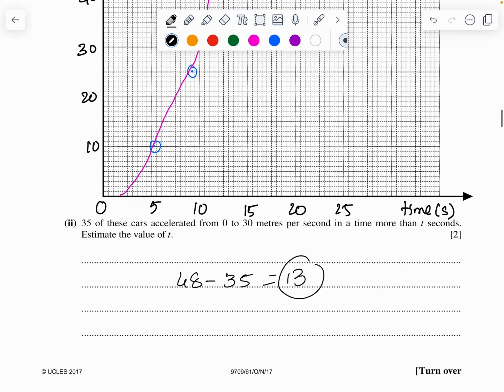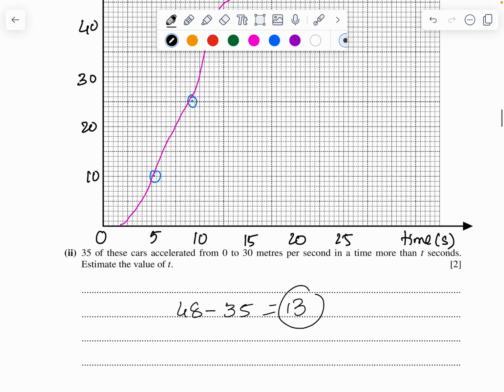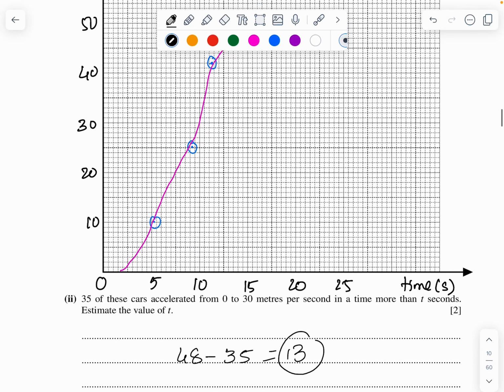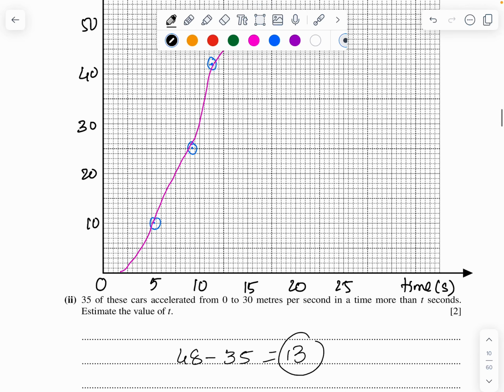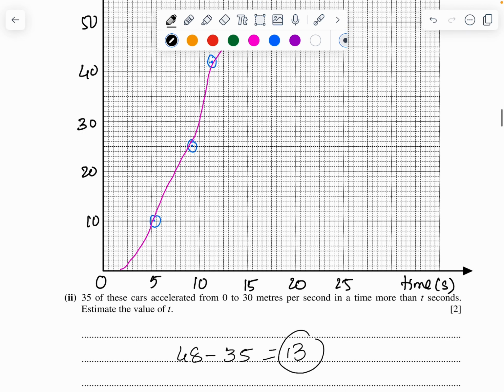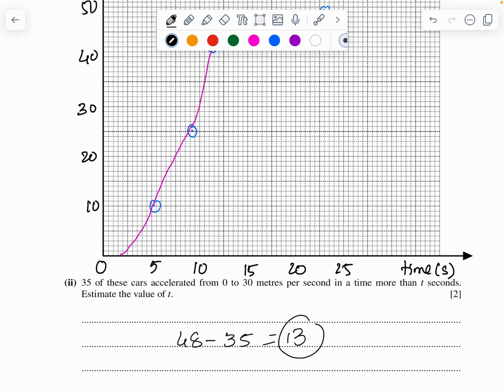Now what am I going to do with that? From 13 I am going to draw a straight line. There are 10 lines and 10 parts, so each line is 1. 11, 12, 13. So from 13 I am drawing it over here and getting this.